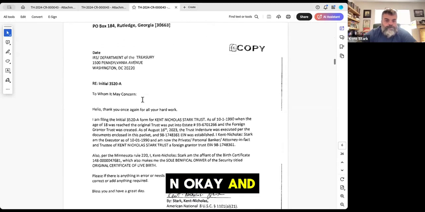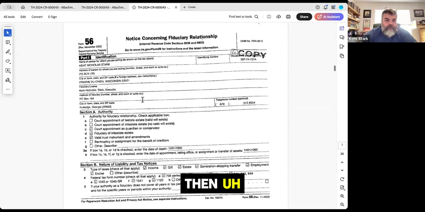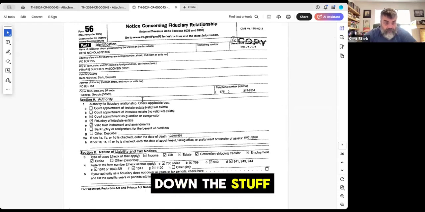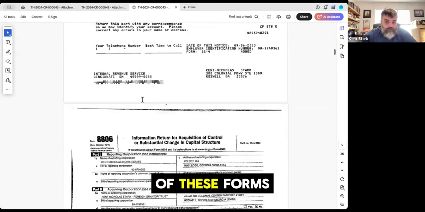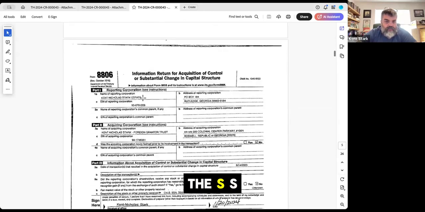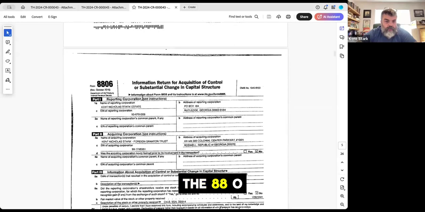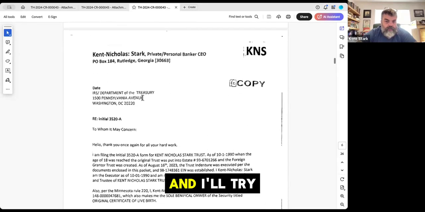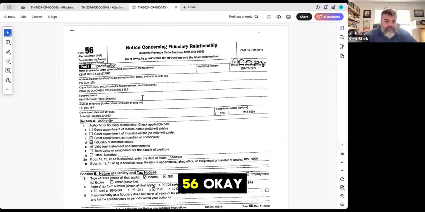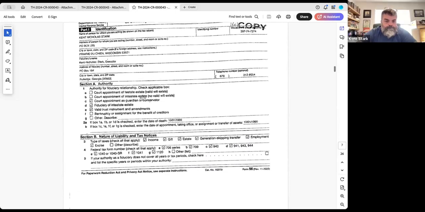Okay, and then so this is the 56. So these are, I mean, if you want to write down this stuff so you know what the names of these forms are, go ahead and do it. Okay, so that was the SS4. This is the 8806. And I'll try and go slow here so you can write it down. This is the 56. Okay.